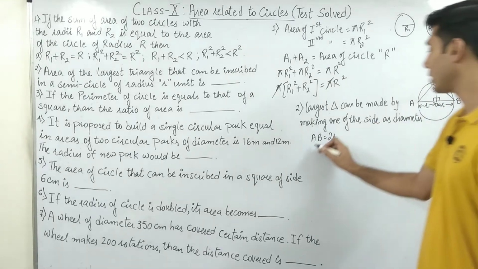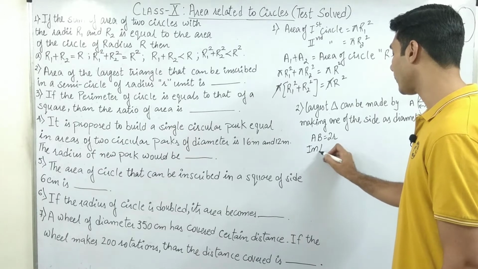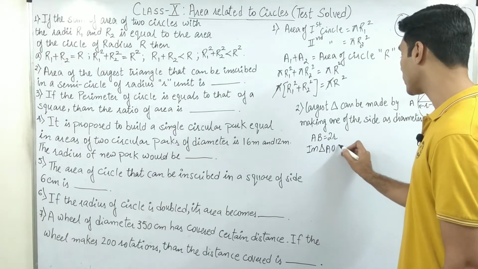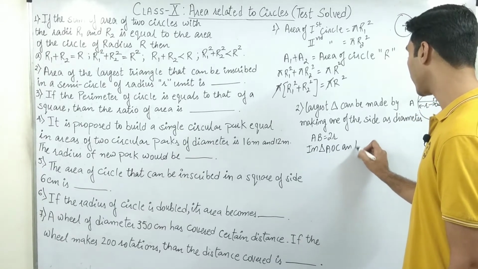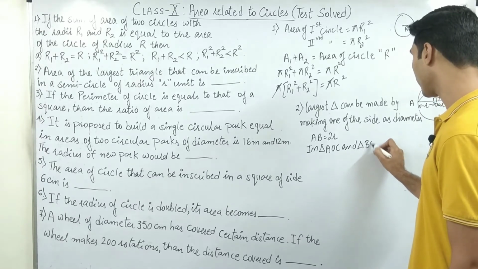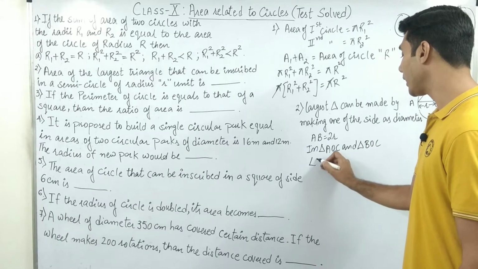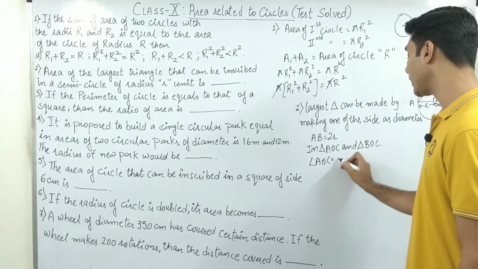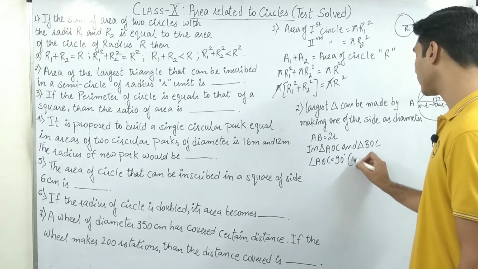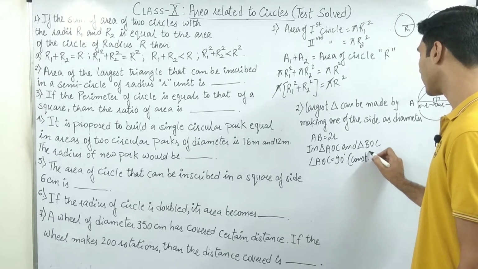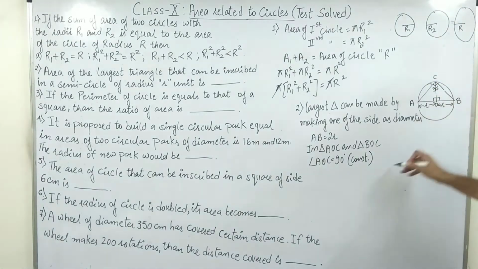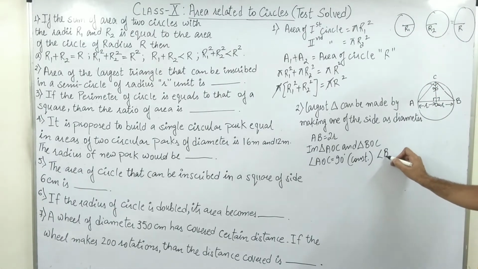So let's solve this. So in triangle AOC and triangle BOC, angle AOC equals 90 degrees by construction, right? And also angle BOC equals 90 degrees, which is also by construction.